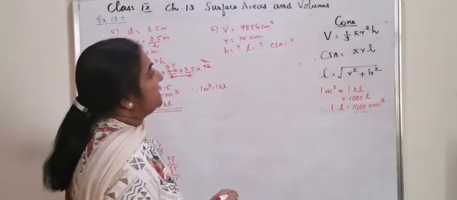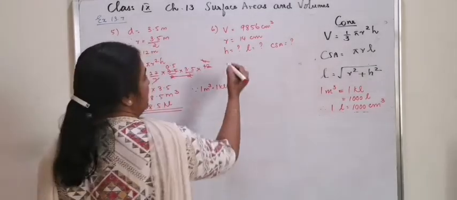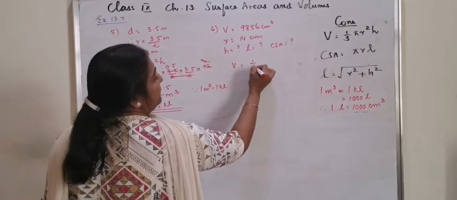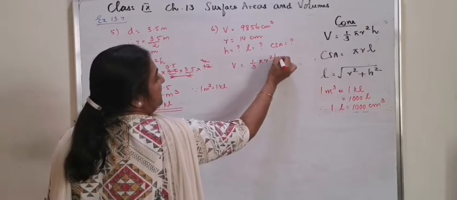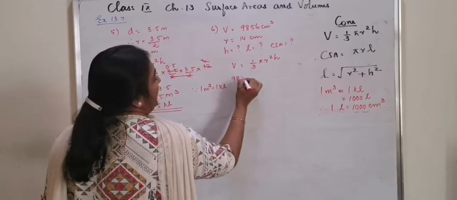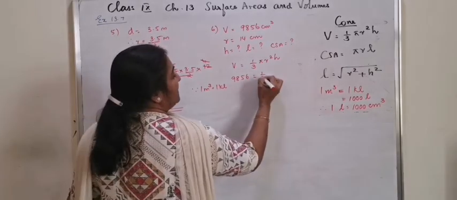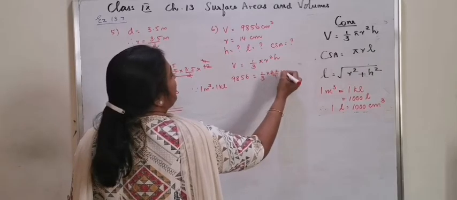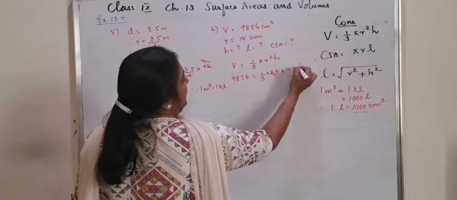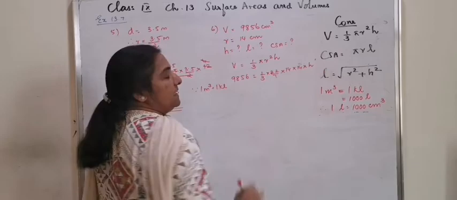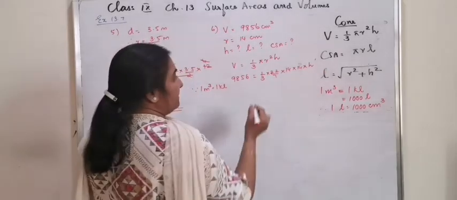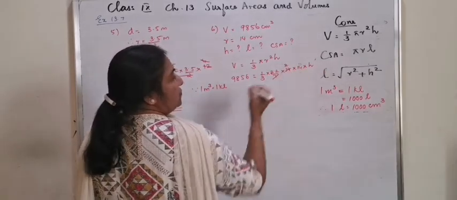Volume is given as 9,856. Volume is equal to 1 by 3 pi r square h. 9,856 is equal to 1 by 3 into 22 by 7. Radius is 14 into 14 into h, which has to be found out. 7 and 14 is 2 times.